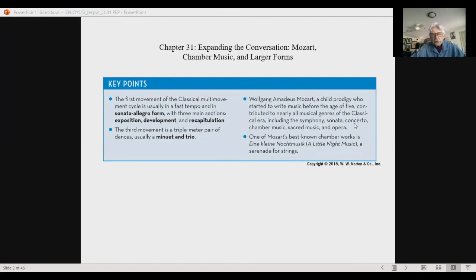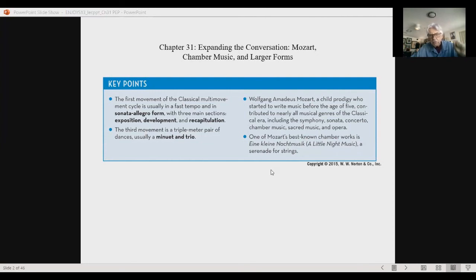Of course, we already listened to and sampled his opera Don Giovanni, and we sampled his sacred music, the Requiem Mass, when we did functional sacred music. One of Mozart's best known chamber music pieces is Eine kleine Nachtmusik, which translates to a little night music. It's a serenade for strings.